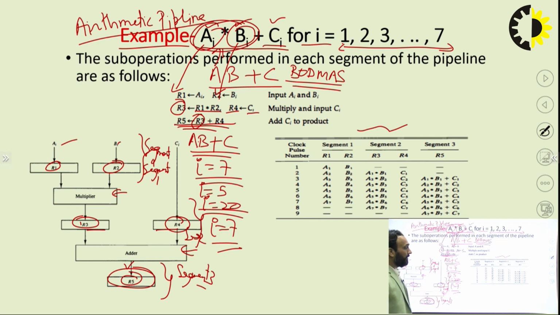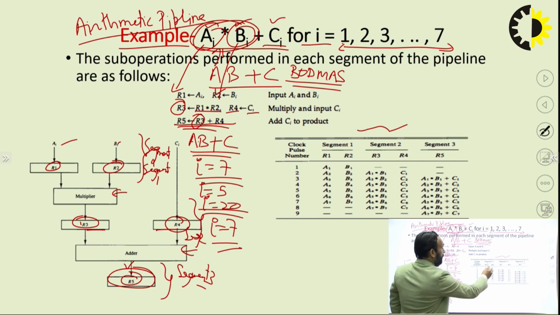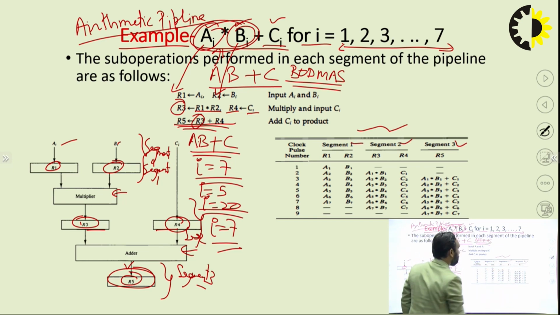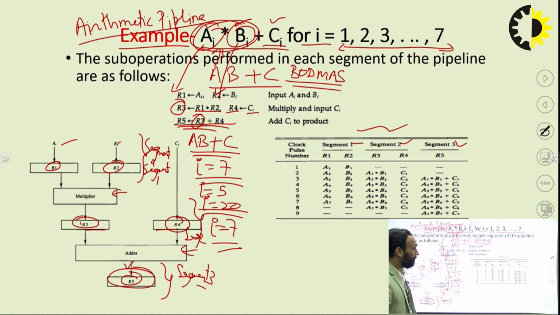Then how will it work, or in table form, how will it be calculated? As we see here, we put the segments in a horizontal way: segment 1, segment 2 and segment 3. What will happen in the first clock pulse? We consider a unit time for the execution of a single step. Likewise, we have 1 unit time.